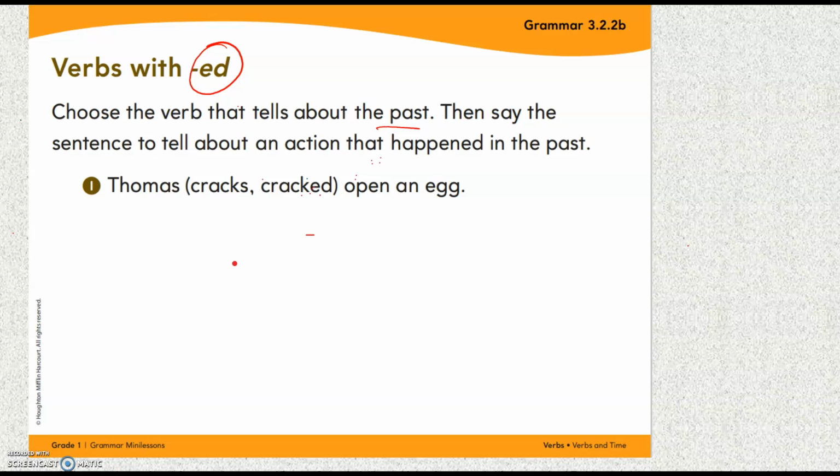Let's look at number 1. Thomas opened an egg. Now we know that it happened in the past. What do we add to the end of our verb to show that it happened in the past? That's right, we're going to add ed, so we know that cracks is not happening in the past and cracked is our choice.